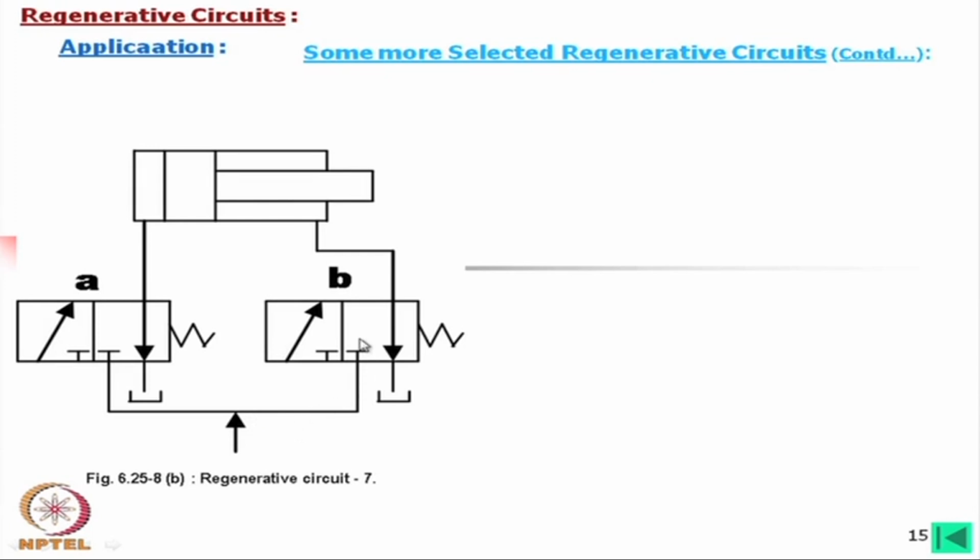In that case, the flow is going to the tank, no operation is there, it is going back to the tank through the pressure relief valve, there must be a pressure relief valve. Okay. Now, if I connect both A on and B on, in that case the flow will be mixed. So, there will be fast forward motion and a regenerative circuit. So, make a table and write in this form, right.